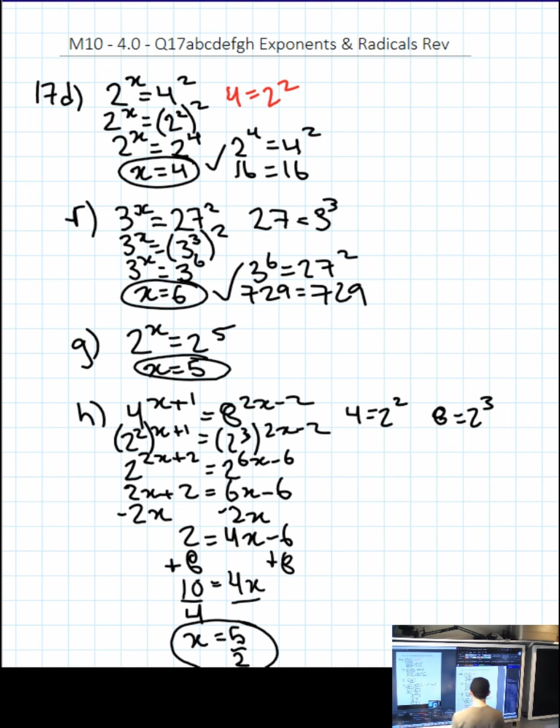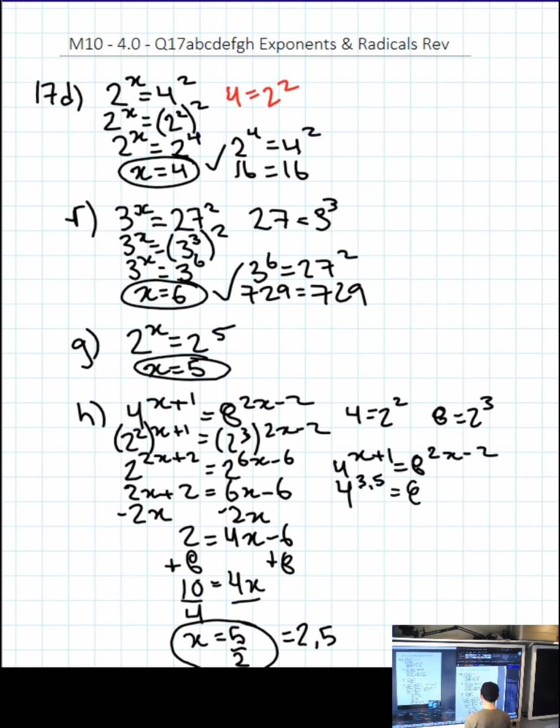Well, if we put it back into the question, 4 to the x plus 1 equals 8 to the 2x minus 2, the answer 5 over 2 is 2.5. We substitute into the equation, 2.5 plus 1 is 3.5.